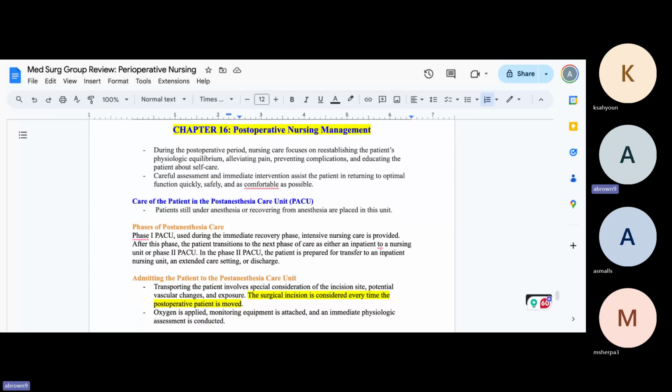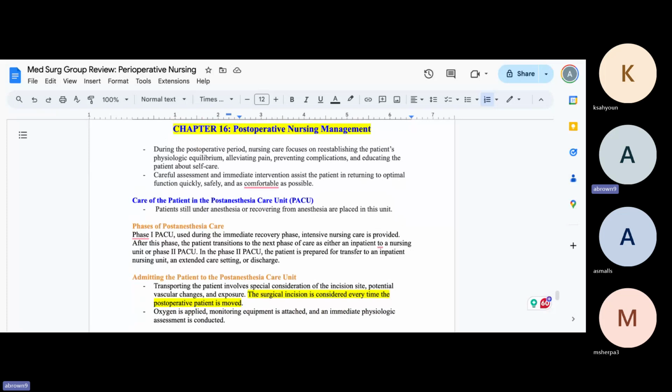Okay. Chapter 16 goes over post-operative nursing management. During the post-operative phase after surgery, nursing care focuses on reestablishing the patient's physiological equilibrium, alleviating pain, preventing complications, and then educating the patient about self-care before they leave.